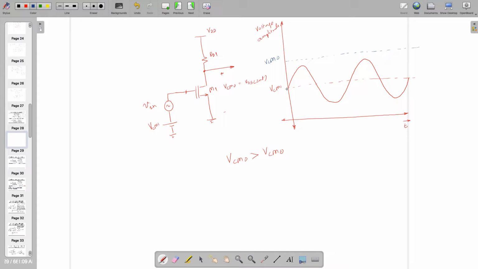Note that VCMO is always higher than VCMI, and I'm keeping one more line, let's draw it with green color. Let's call it VDD, and let's call this one 0. These two green lines indicate that my output cannot go beyond VDD or below 0. That's the energy conservation law, and that's always the property of any circuit, right?